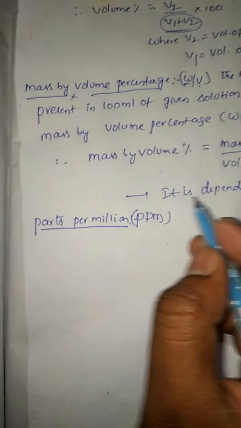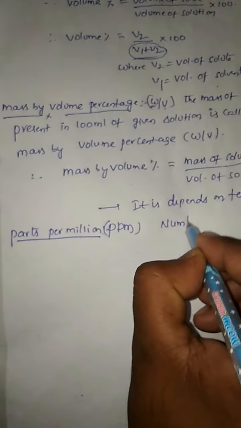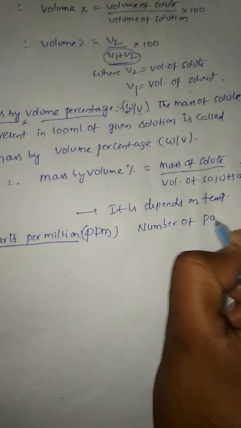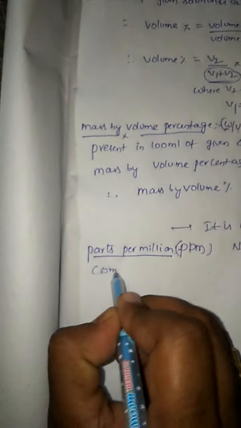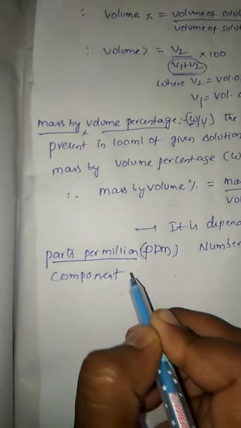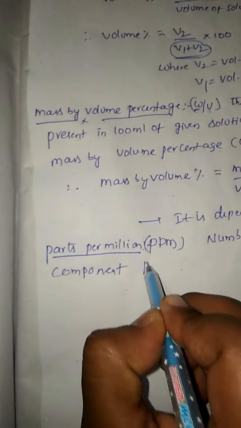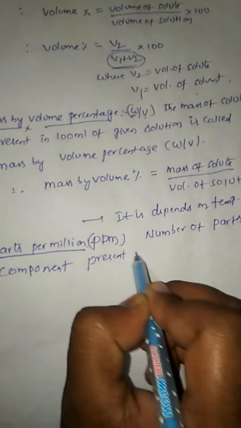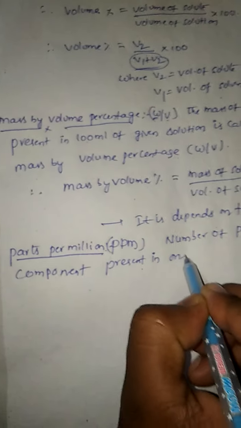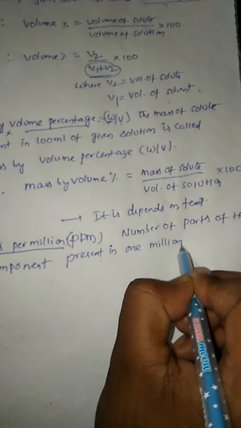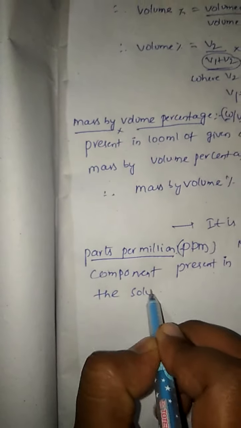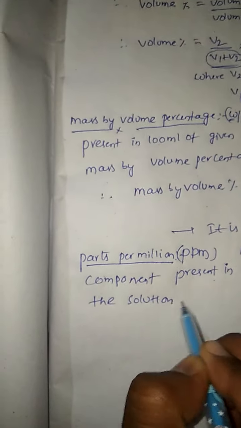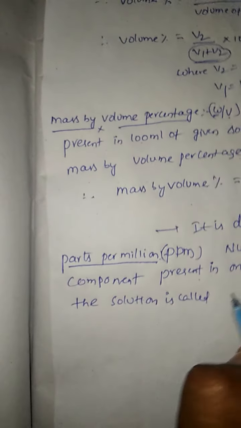Here the number of parts of the component present in 1 million, 10 power 6, parts of the solution is called parts per million.